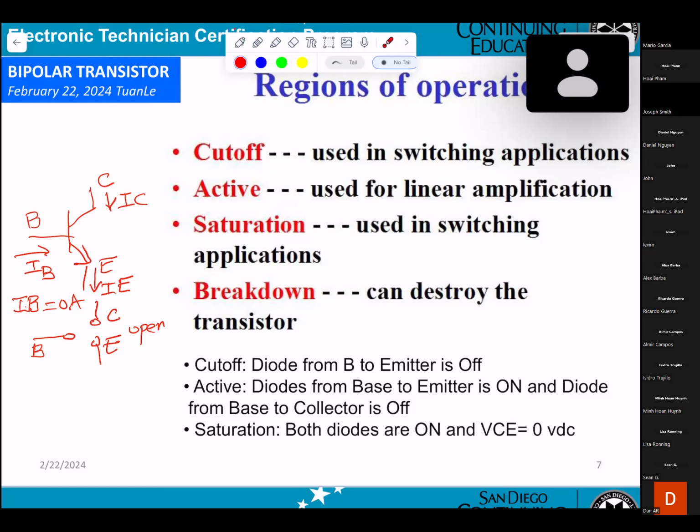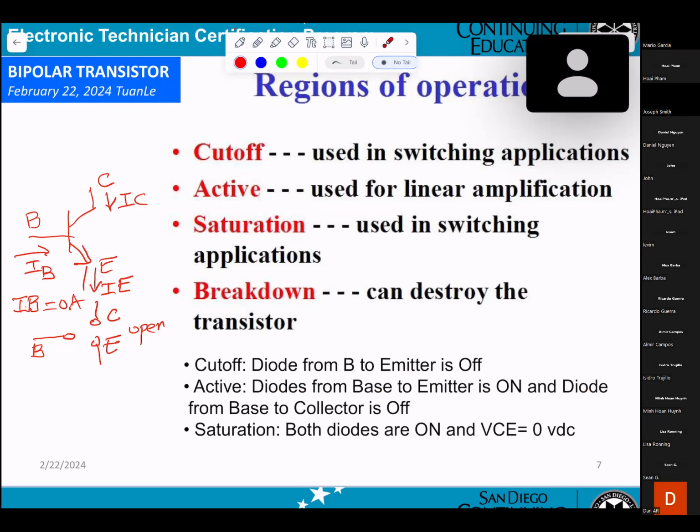Okay. Now, what they say here, cut off: diode from B to emitter is off. That means the diode here is open. Active: diode from the base to emitter is on, and diode from the base to collector is off.